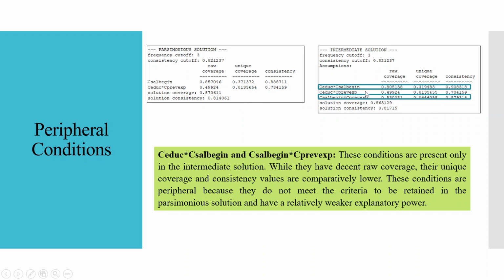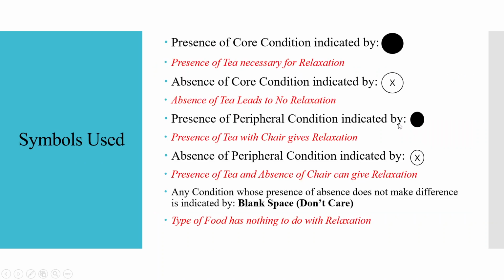In this, there will be conditions not present in the parsimonious solution, though their coverage and consistency are high, but as they are in the intermediate solutions, they are considered peripheral conditions.